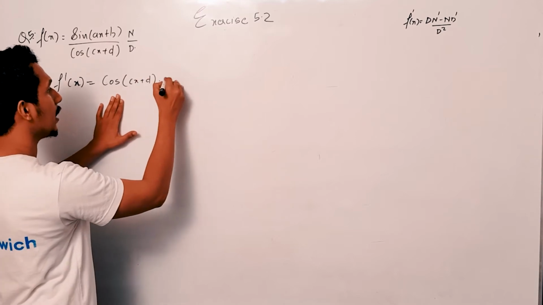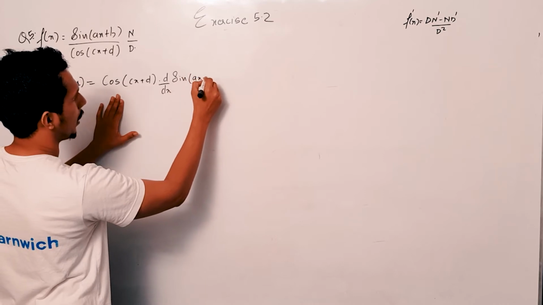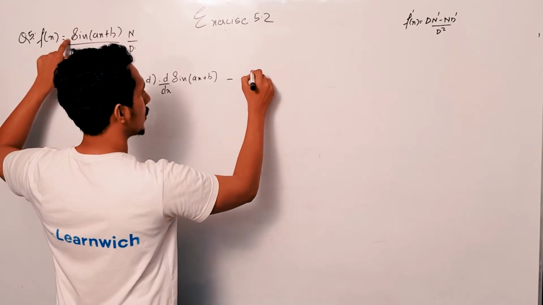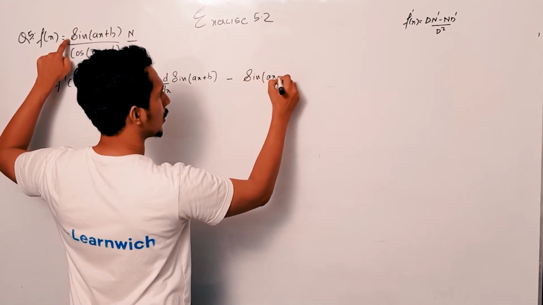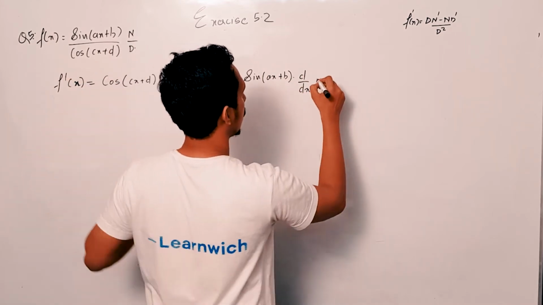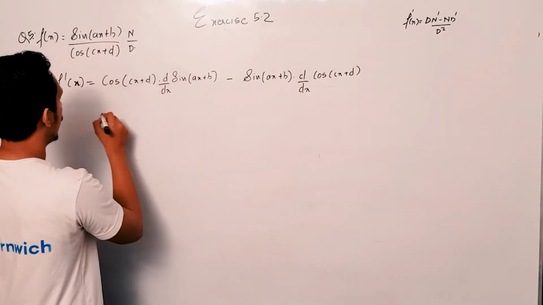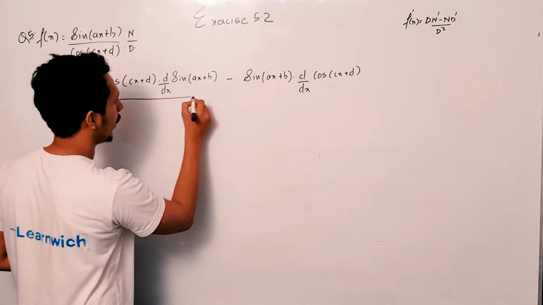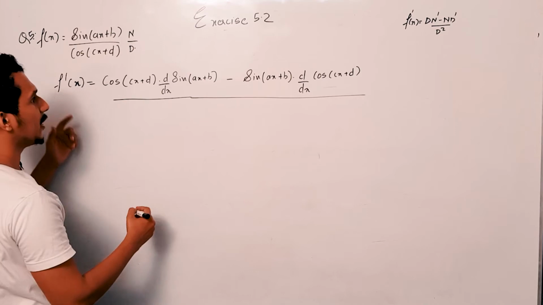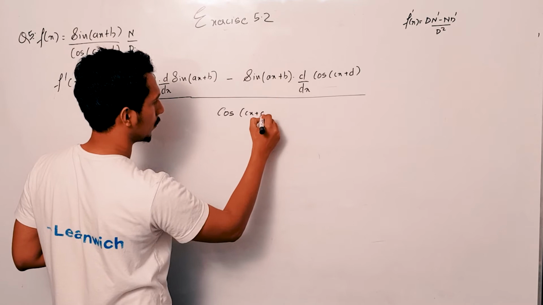Denominator into d by dx of numerator, that is sine ax plus b, minus numerator, that is sine of ax plus b into d by dx of denominator, that is cos cx plus d, the whole divided by denominator square, that is cos of cx plus d the whole square.